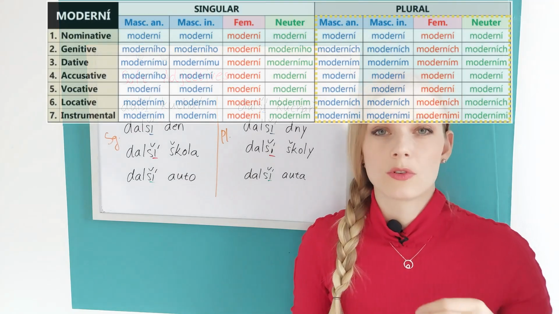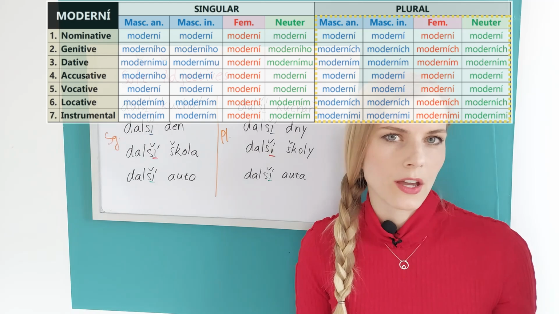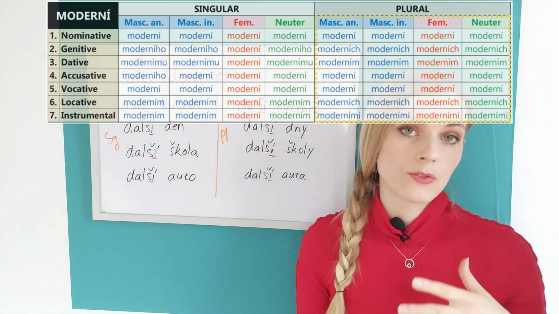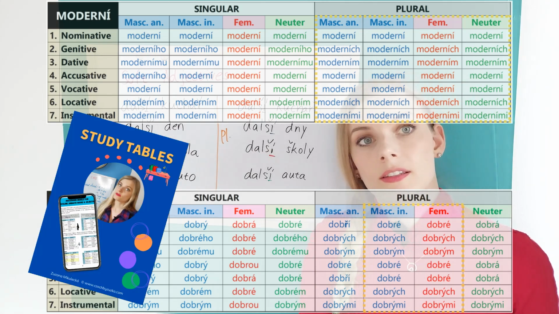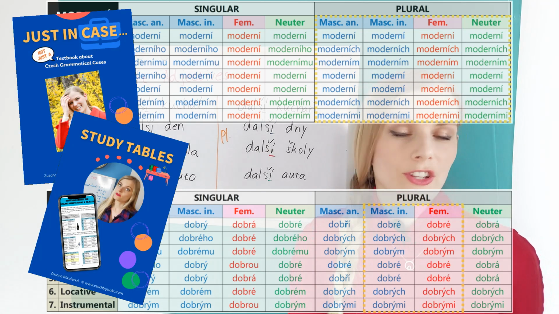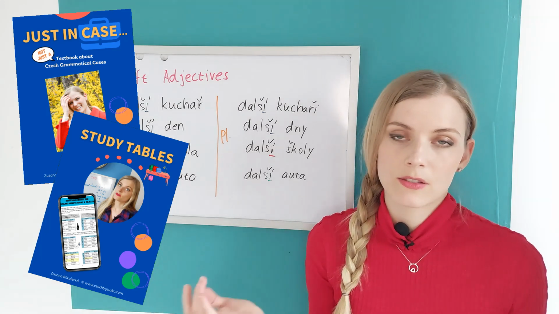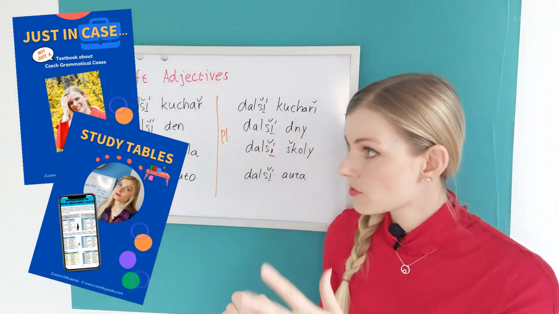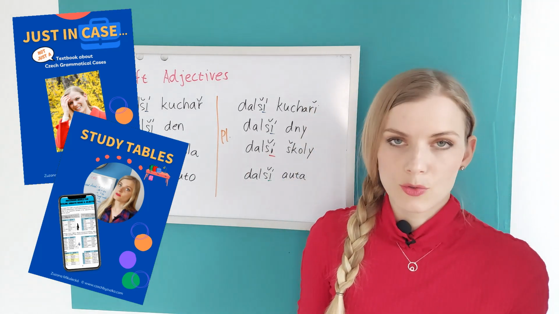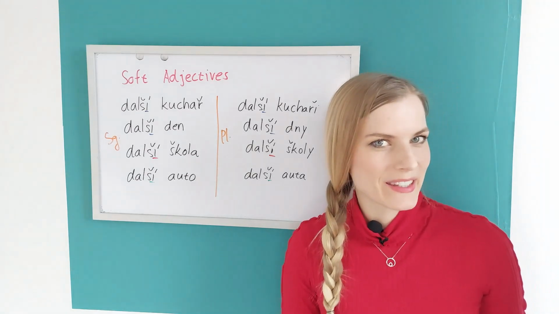This would be the forms for the rest of the cases, for an adjective such as moderní, which is another soft adjective, or a hard adjective, dobrý. These tables can be found in study tables that form a part of my ebook just in case. I give enough room to talk about the cases of each part of speech, so nouns, adjectives, pronouns, and numerals as well.